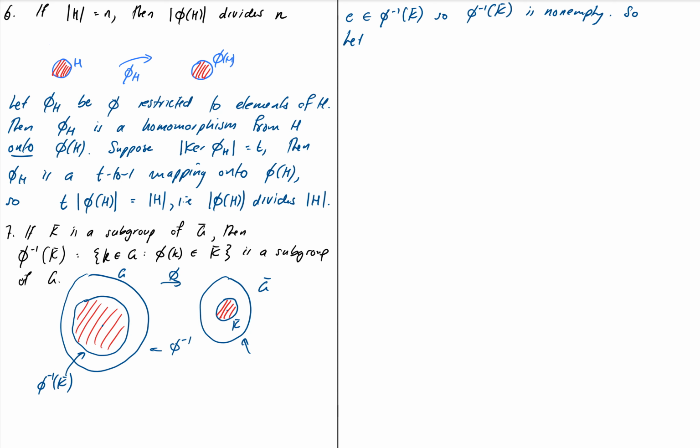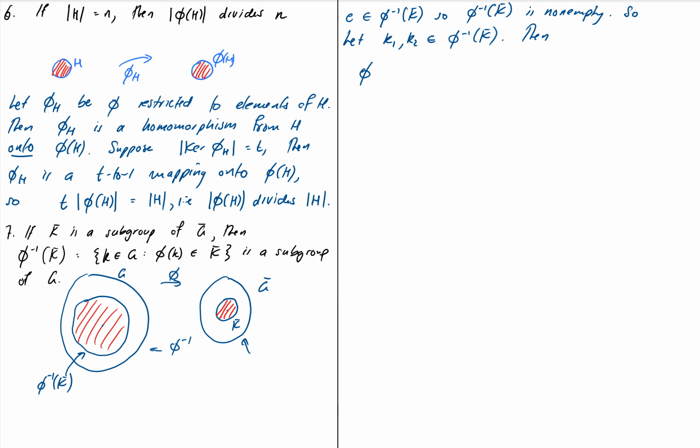Which means we're going to take two things in the pre-image and show that K1, K2 inverse is going to be a member of it as well. So let K1 and K2 be members of the pre-image of K bar. Then we want to show that K1, K2 inverse is also a member of the pre-image.